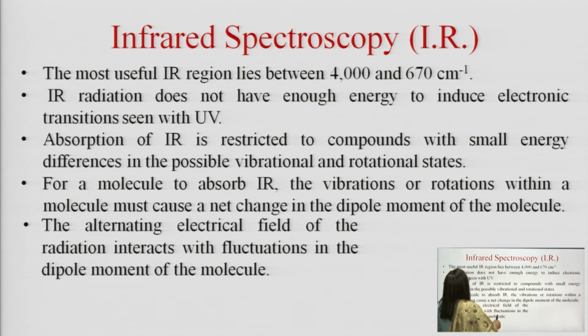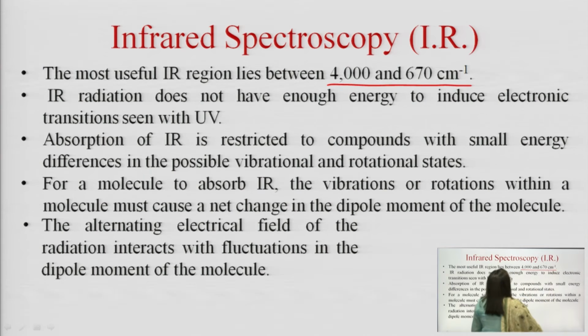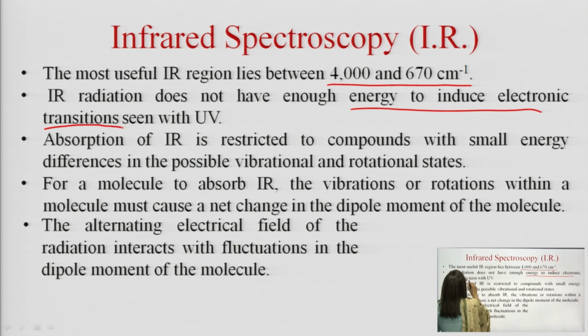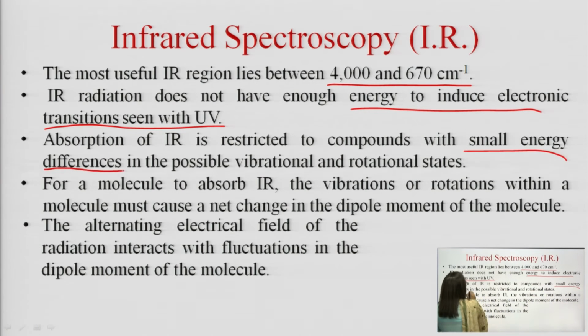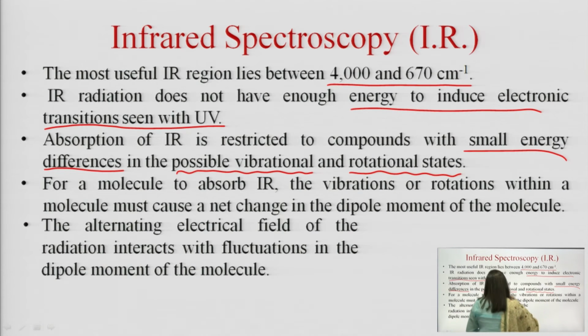The most useful IR range lies between 4000 to 670 centimeter inverse. The IR radiation does not have enough energy to induce electronic transitions as seen with UV. So, absorption of IR is restricted to compounds with small energy differences in the possible vibrational or rotational states.